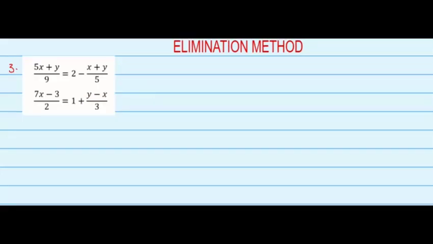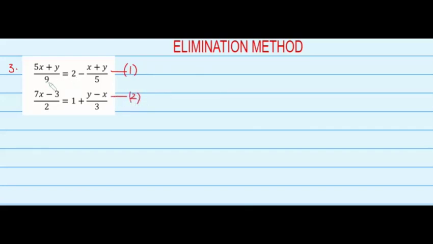So this is question number 3, and again we're using the same elimination method on these linear equations. Okay, so suppose the first equation is equation number 1 and the second equation is equation number 2, right?